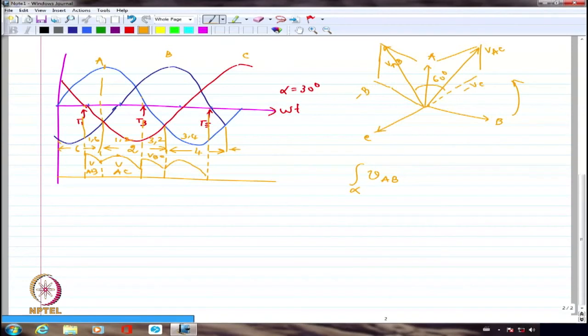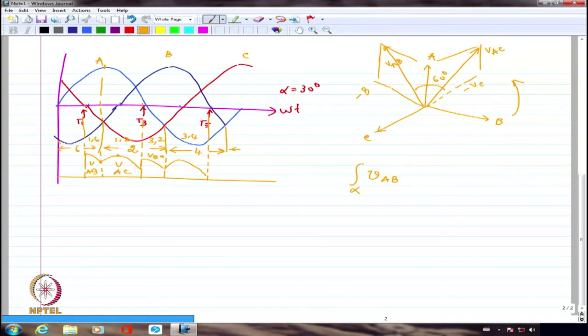And VAC is taking over where 2 must have been fired. 2 must have been fired when it is like a diode converter with alpha equal to 0. Right? So 2 will be fired normally at alpha plus 60. Right? 2 will be fired at alpha plus 60.